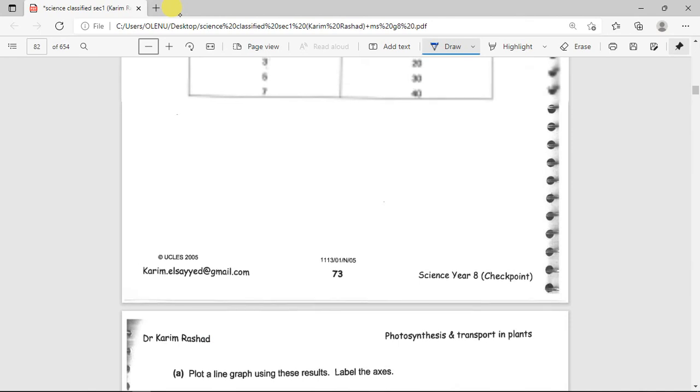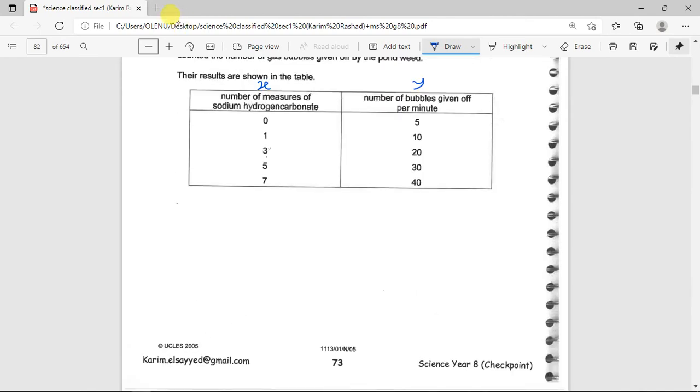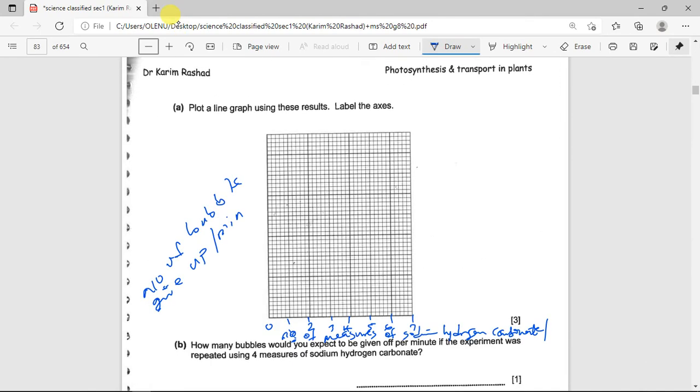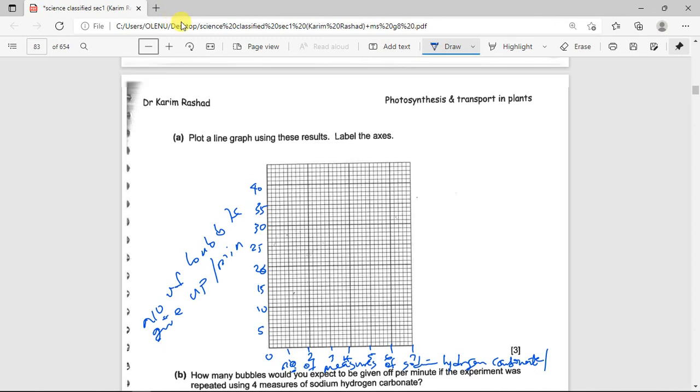And you look at my maximum value here is 40, so I have 5 to 40. So I can decide to say 5, 10, 15, 20, 25, 30, 35, 40.